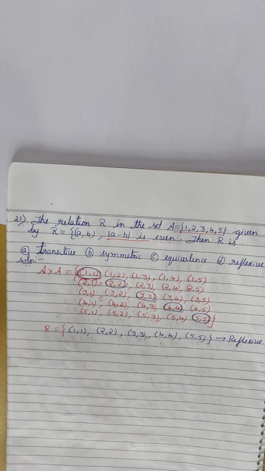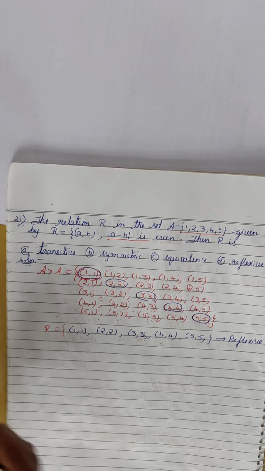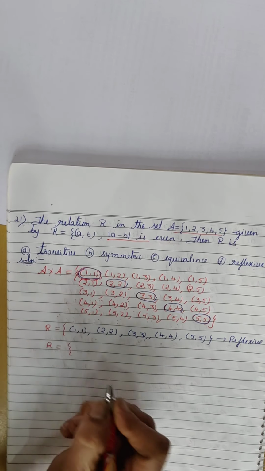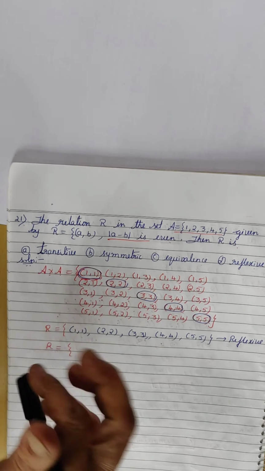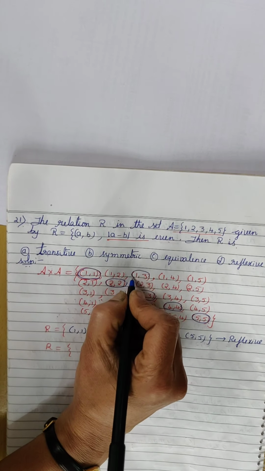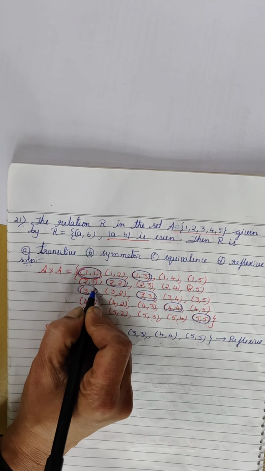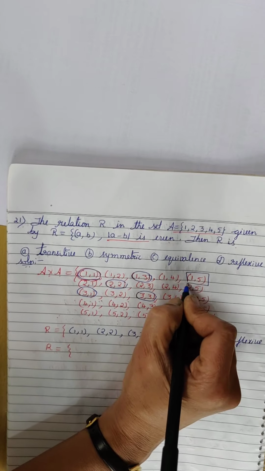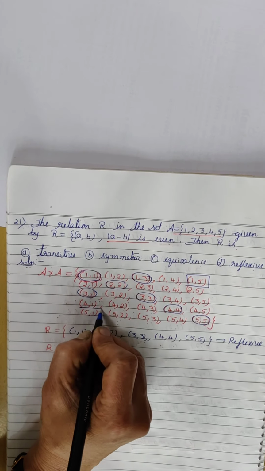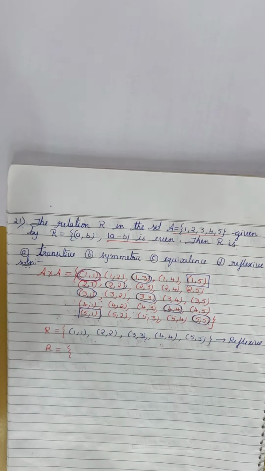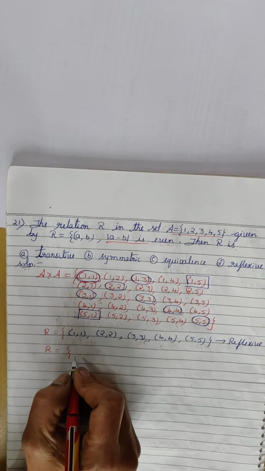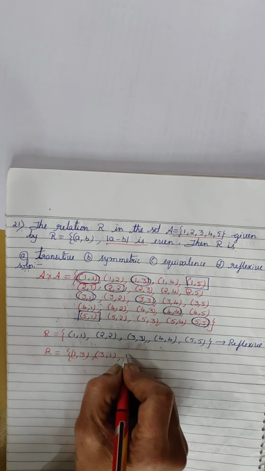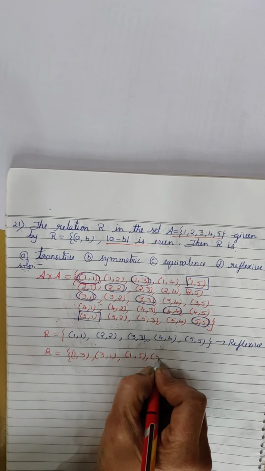Now we will check for the transitive. R is equal to, we have here (1, 3) and (3, 1), right? Then we have (1, 5) and we have here (5, 1), right? So let's see that. We have (1, 3), (3, 1), (1, 5), (5, 1).